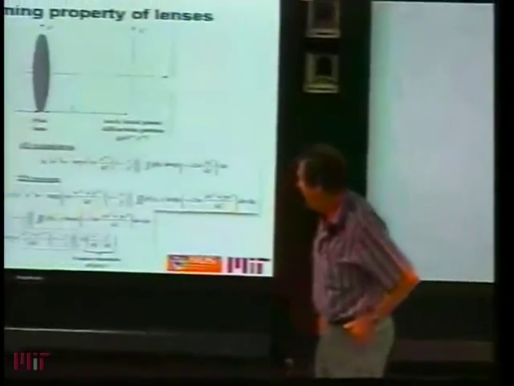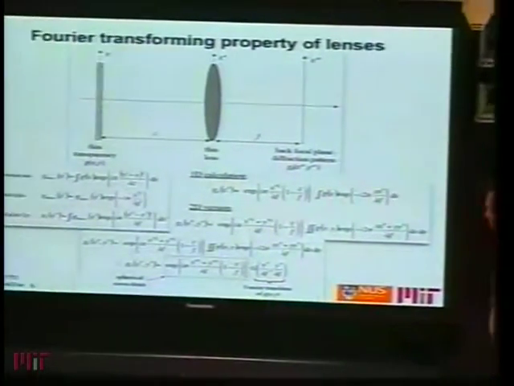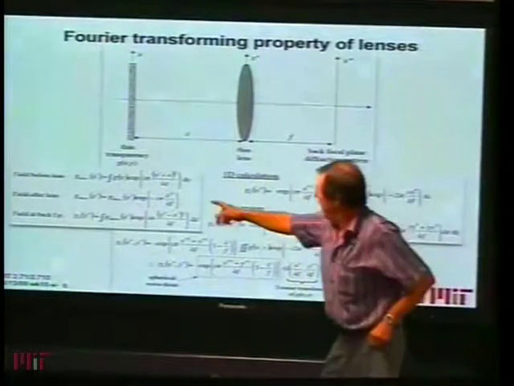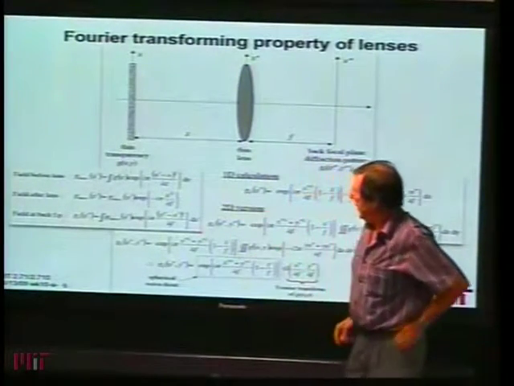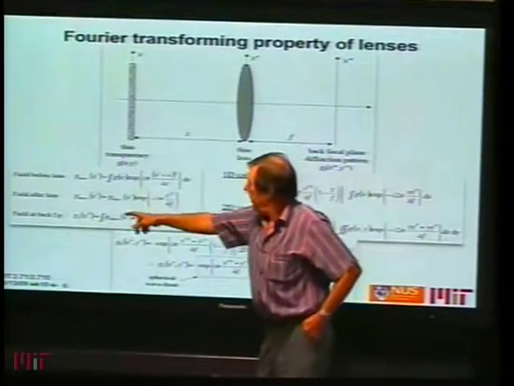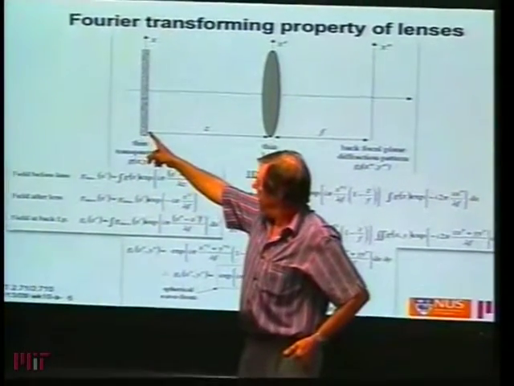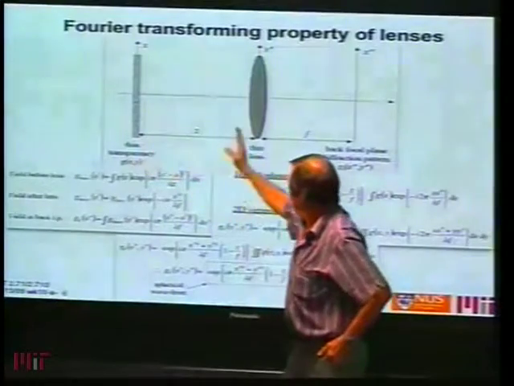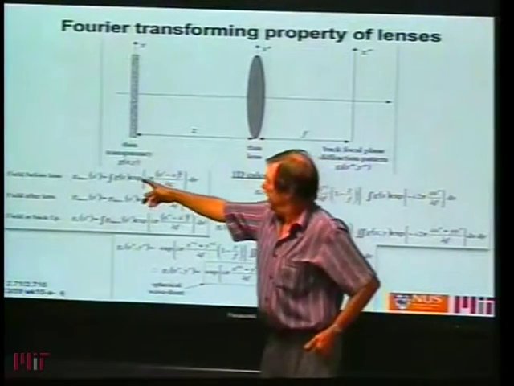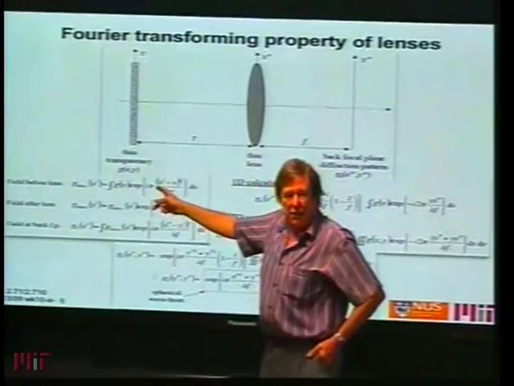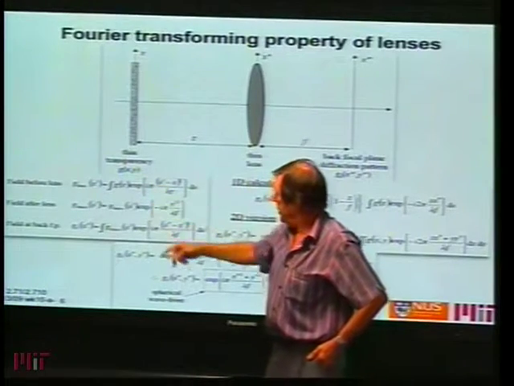Right, so that's the equation here then. So this is just going through how that thing was derived. So we've got the screen here, the g of x. By the time we get here, it's convolved with some parabolic phase function.